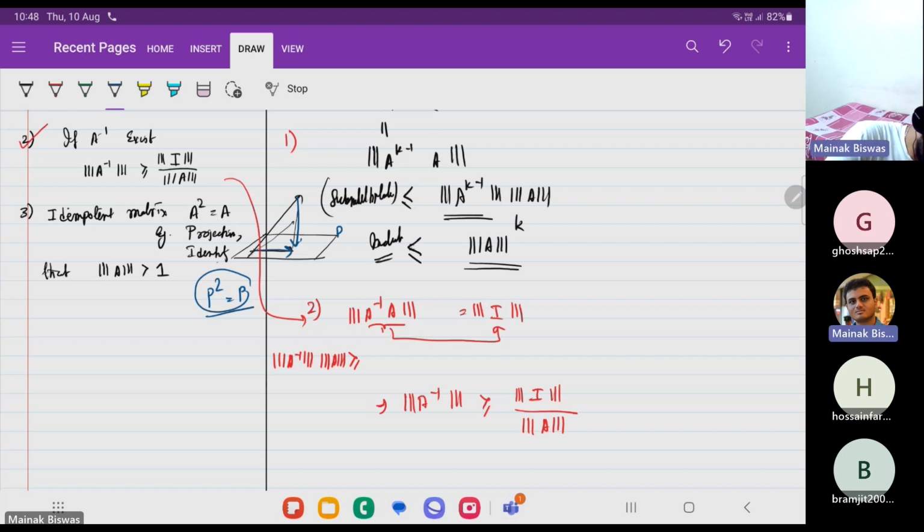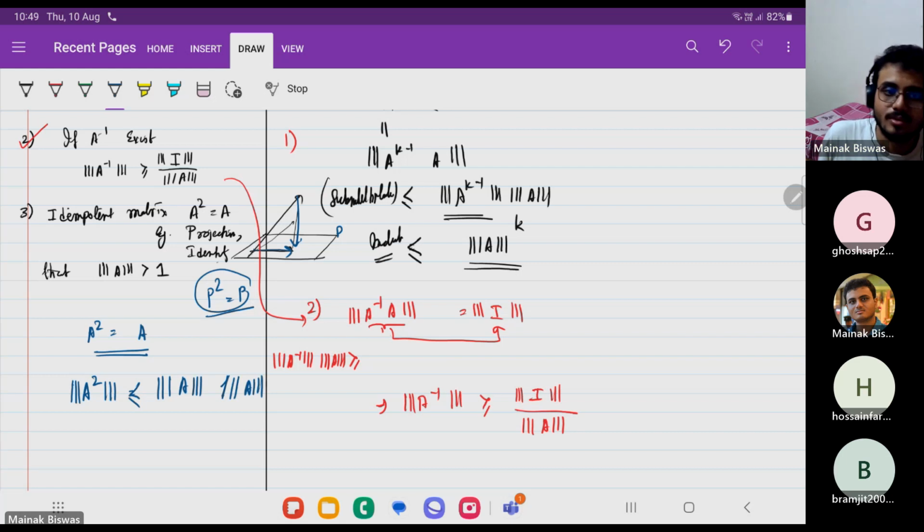Good. So for idempotent matrices or projection matrices, you have A square equal to A. So how can I prove for idempotent matrices the energy would be greater than 1 or the norm would be greater than 1? What will I write? A square as... yes or no?